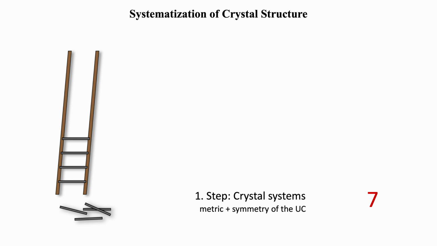This system categorizes crystals based on the unit cell's geometry and symmetry properties, setting up the basic framework. The next is the 14 Bravais lattices, which combine the crystal systems with lattice centering types, like primitive and centered, to capture more structural details.